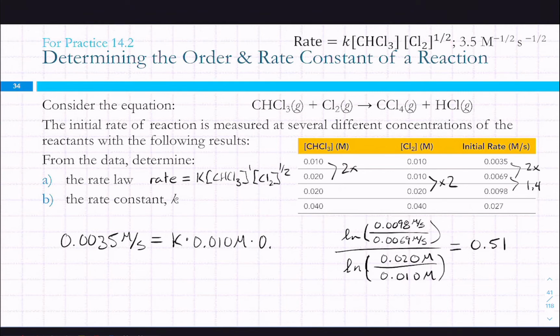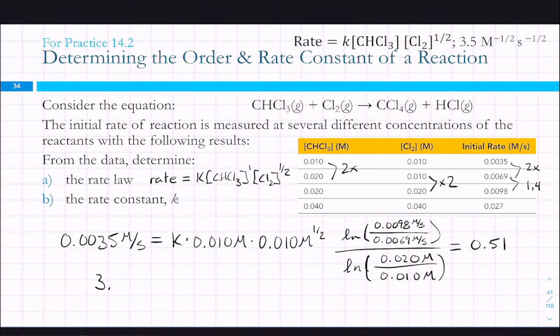What are the units of this concentration going to be? Molar to the 1/2. So it should be divided by 0.01 and then divided by 0.01 raised to the 1/2.